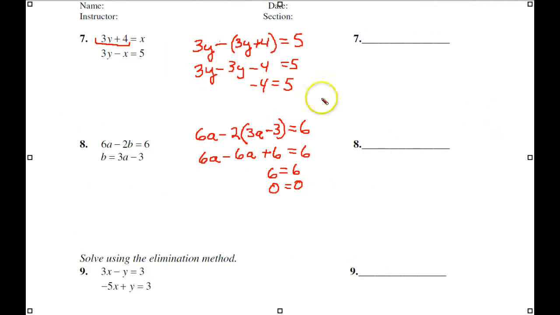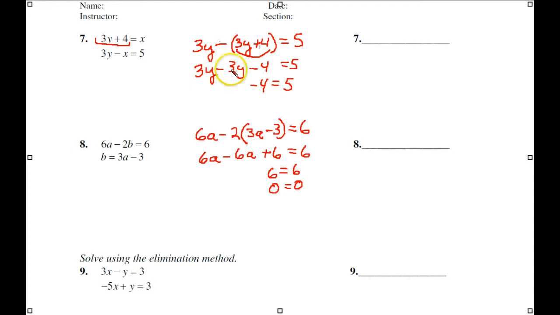All right, in doing these, again, we're using substitution. So here x is equal to this. So I write my other equation, 3y minus, now what did we say x was equal to? This right here. But I have to put it in parentheses because I have to change each of these signs.